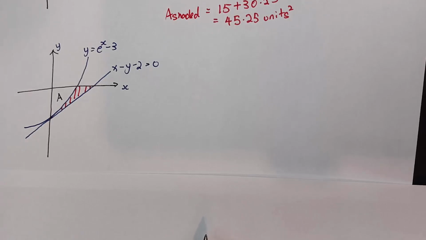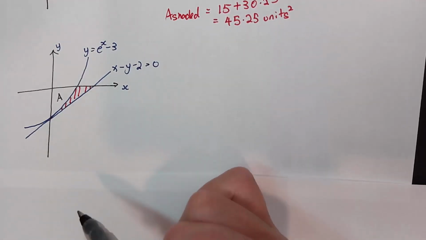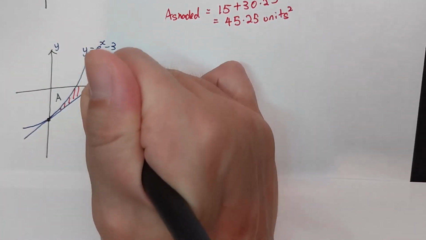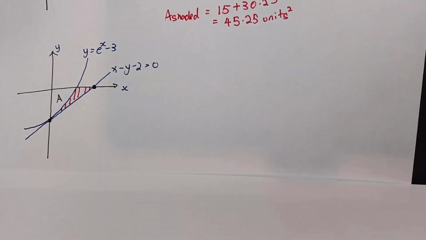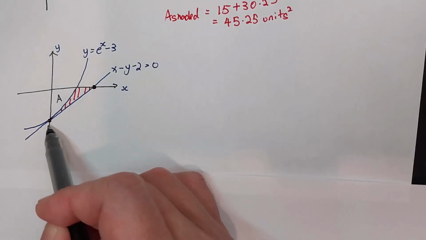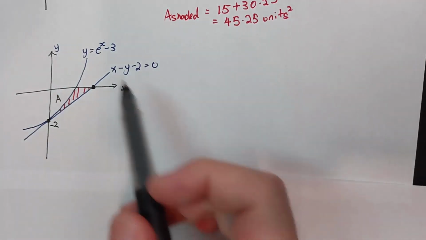So how do we get the area of the big right angle triangle? In order to do so, we need to find all these intersection points. So to get these 2 points, we will let x be 0. So when x is 0, the value of y is -2.